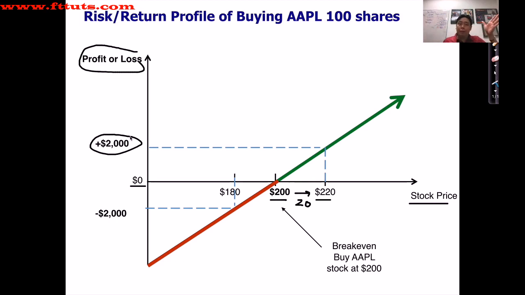If Apple falls by $20, right, drops in price to $180, you lose $20 per share. Multiply by 100 shares, ta-da, you lose $2,000, right? So you can see that when you buy shares, it's a one-to-one profit and loss. Share price goes up by $1, you make $1. Share price goes down by $1, you lose $1. So the graph is a straight line all the way up.